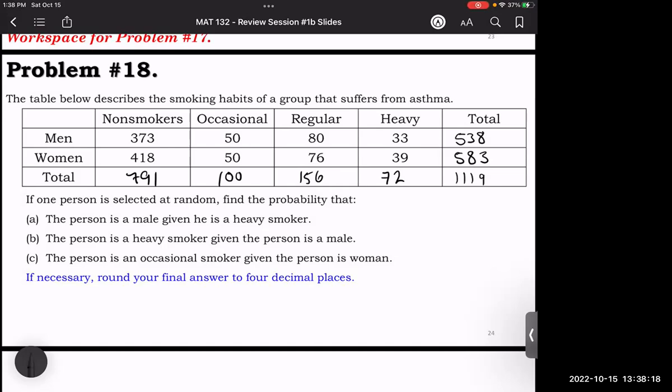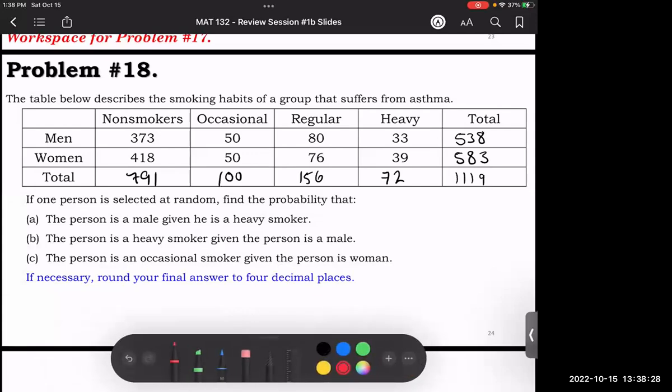In problem 18, parts A, B, and C all share one key word. What's that one key word? Given. The word given. That's right. So when you see this word given, it implies conditional probability.